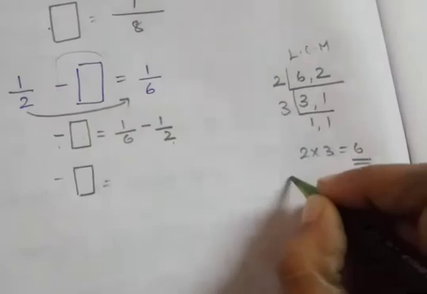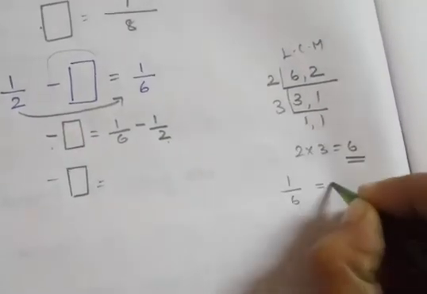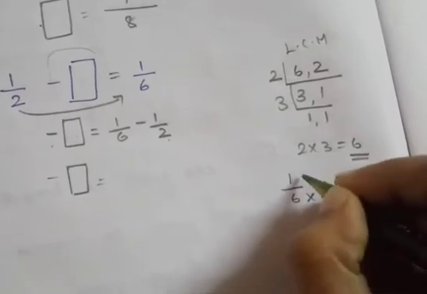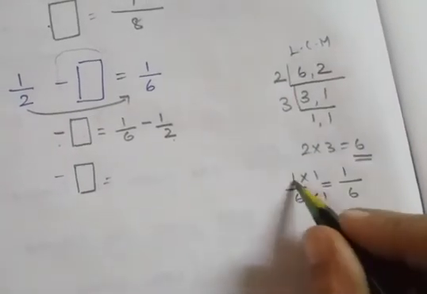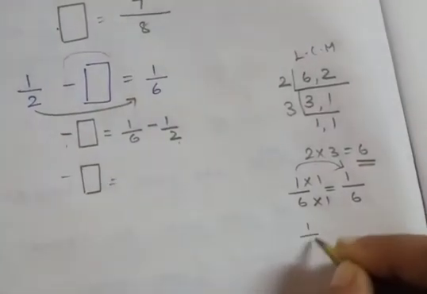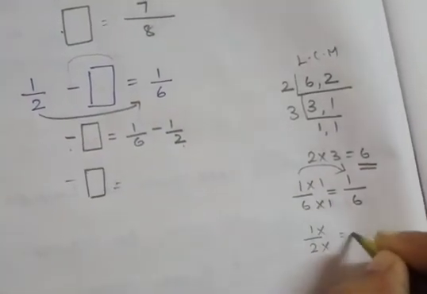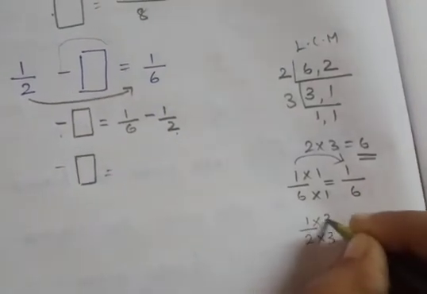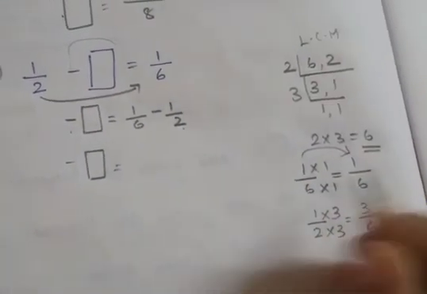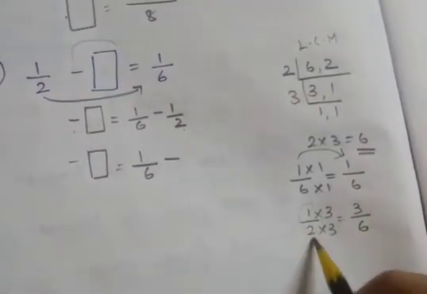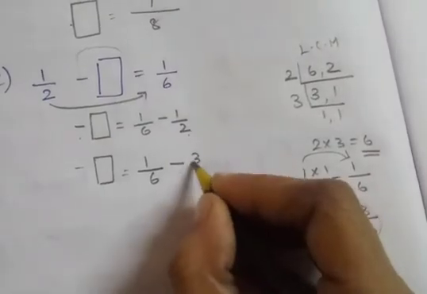I want to convert this 1 by 6 to denominator 6: 1 6s are 6, 1 1s are 1, so 1 by 6 stays 1 by 6. 1 by 2, I want to convert to denominator 6: 2 3s are 6, 1 3s are 3. So now instead of 1 by 6 I write 1 by 6, minus, instead of 1 by 2 I write 3 by 6.